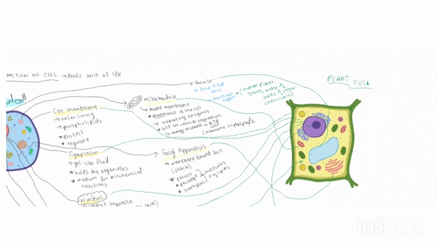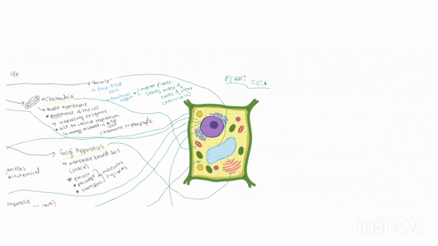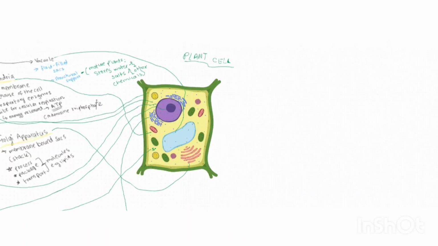Let's move on to the plant cell now. We looked at all the ones that are present in both plant and animal cells, but the plant cell has structures that are not present in the animal cell. The obvious example is the chloroplast, the green structure.